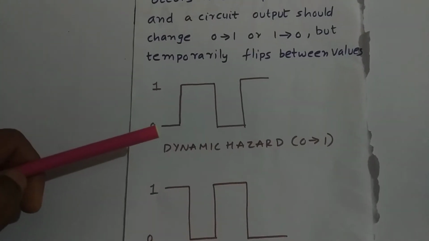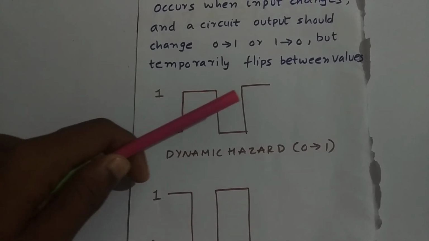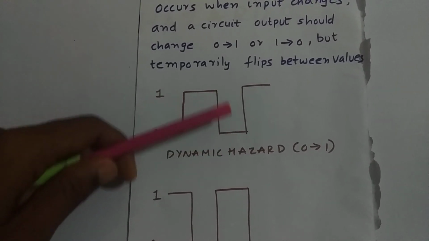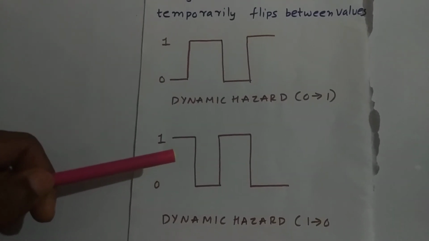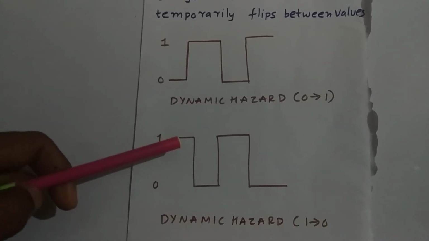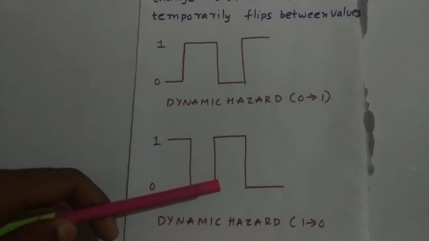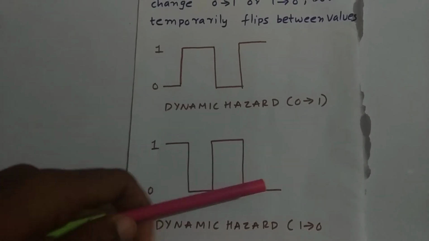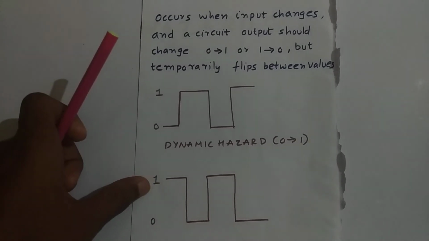The output changes from 0 to 1, but it does not stay at 1 for long, it flips back, so it occurs more than once. Whereas in dynamic hazard 1 to 0, the output changes from 1 to 0 and should remain at 0, but it goes to 1 and comes back more than once. So this is dynamic hazards.